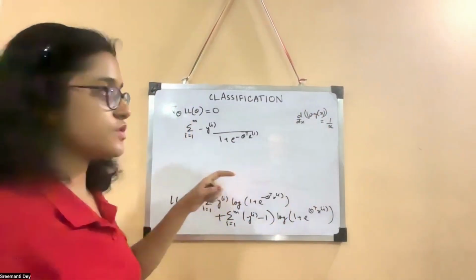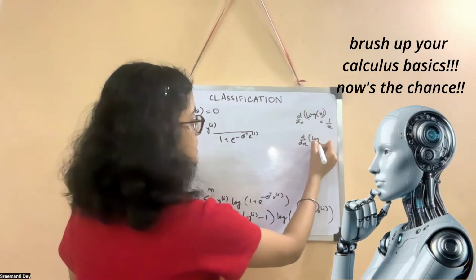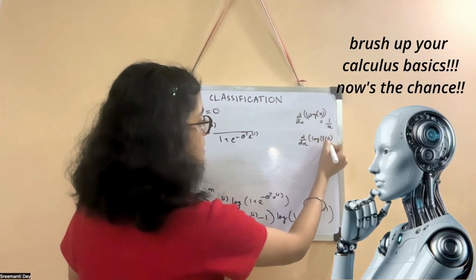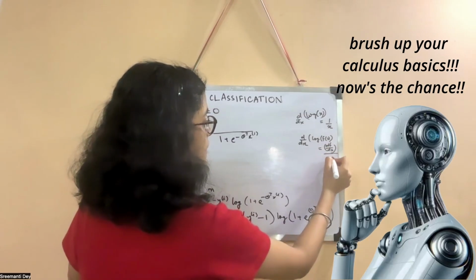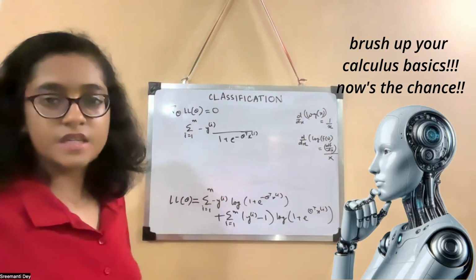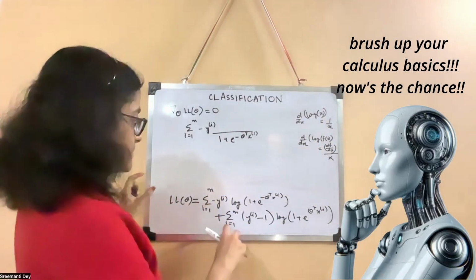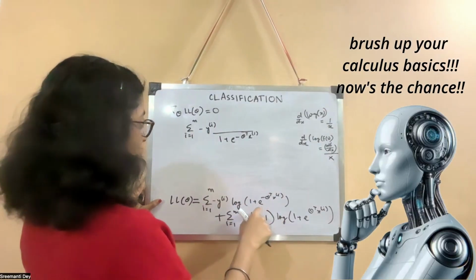That is what we're trying to use here. And one more thing we're using is d/dx of log f(x), which is df/dx upon f(x). This is going to go down, and then this will be df upon dx. So let's use that.